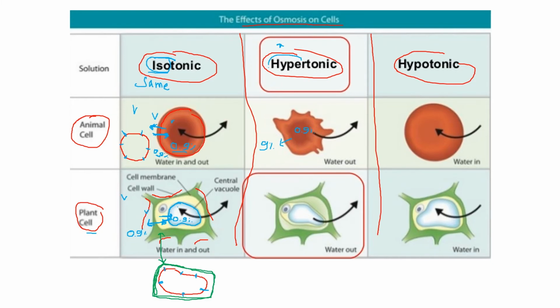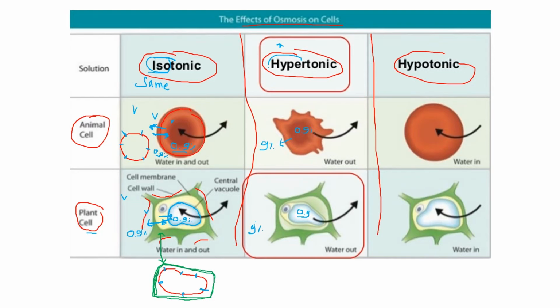If we have a plant cell in here, and we have the same hypertonic solution, inside we have 0.9%, outside we have 9% of the saline, salty solution. We have more water inside than outside.